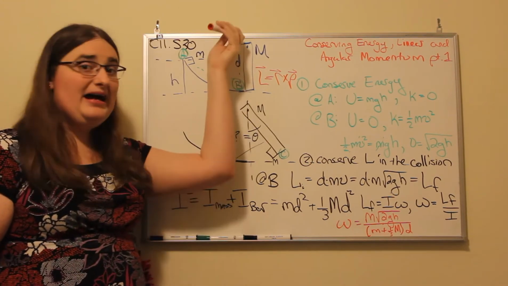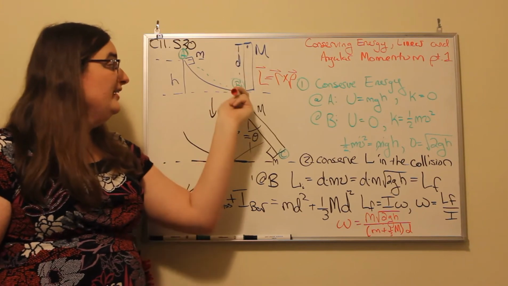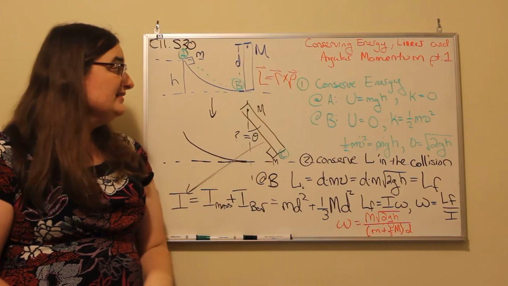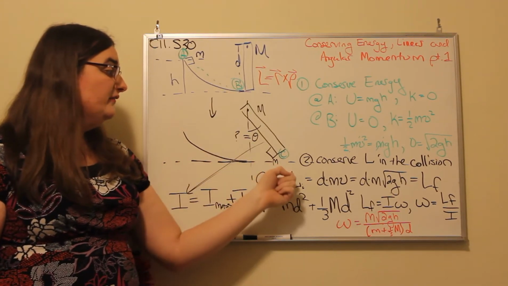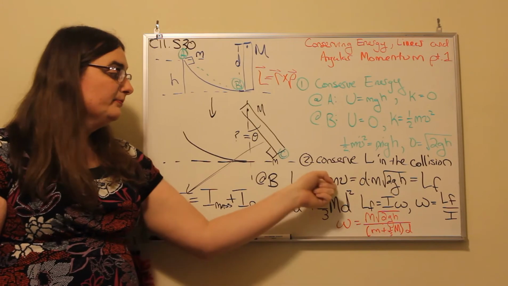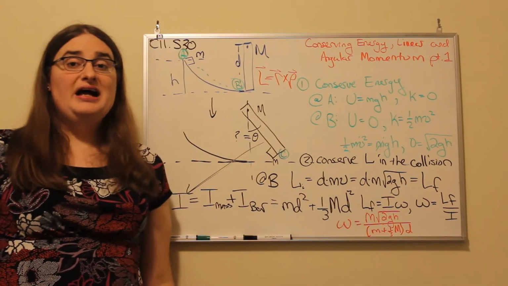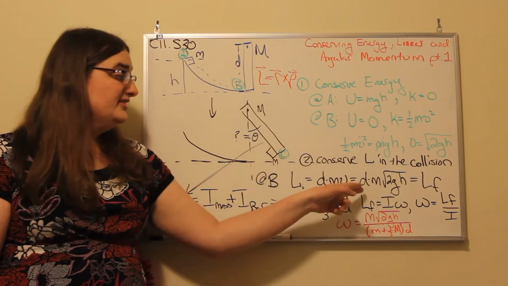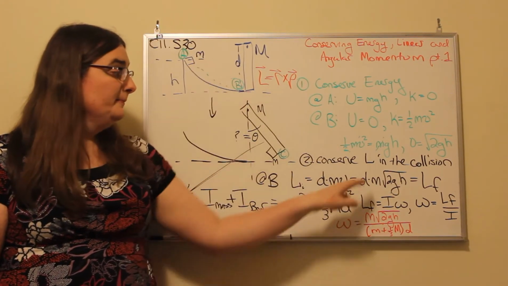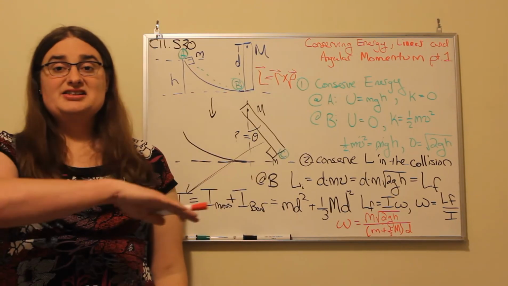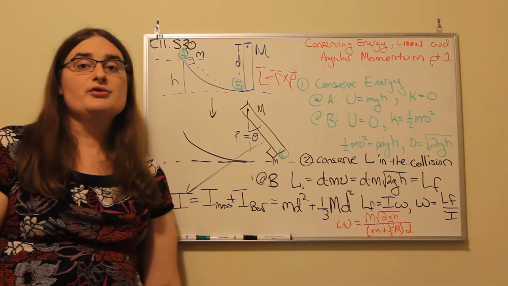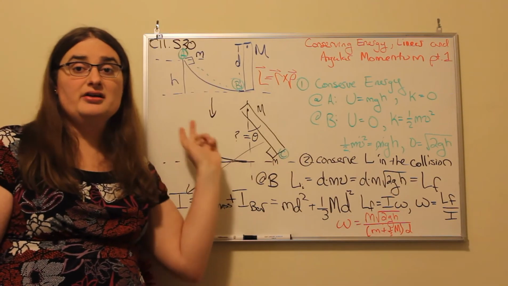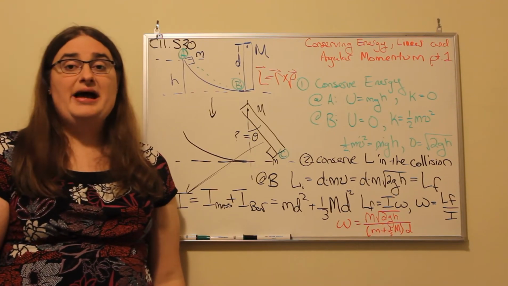So if we treat that mass as being like a particle, its radius is just going to be the length of our bar, d. So that means that the angular momentum of that mass is going to be our distance d times our mass times our velocity at the bottom of the ramp, which means the angular momentum of that object is the length of the bar, times the mass that slid down the ramp, times the square root of 2 times the strength of gravity, and the height that that mass started above where that collision happens.